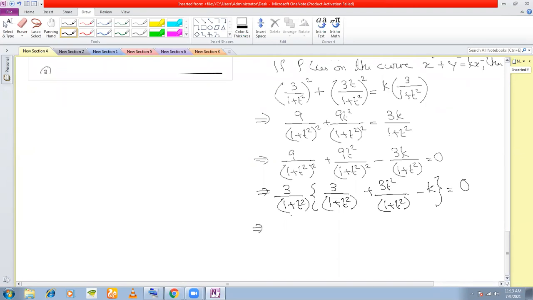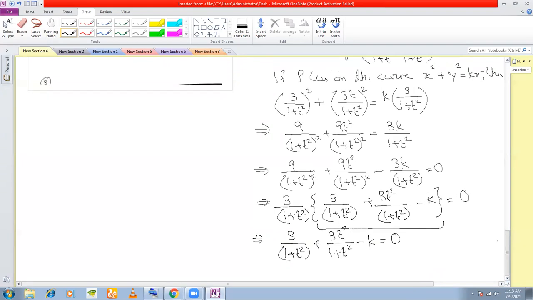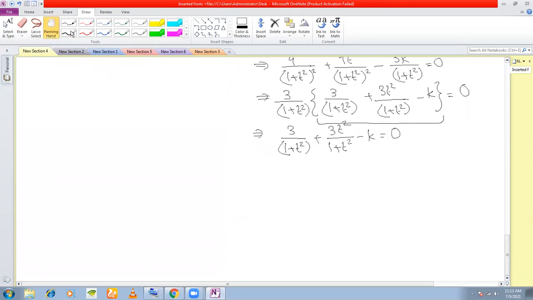That means this part must be equal to 0. 3 by 1 plus t square plus 3t square by 1 plus t square minus k is equal to 0. That means k is equal to 3 by 1 plus t square plus 3t square by 1 plus t square.